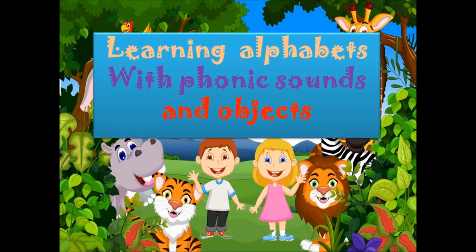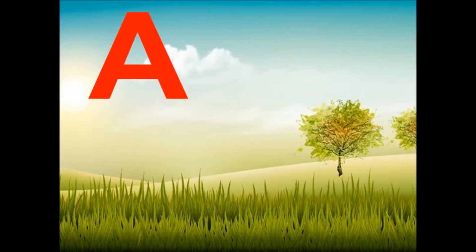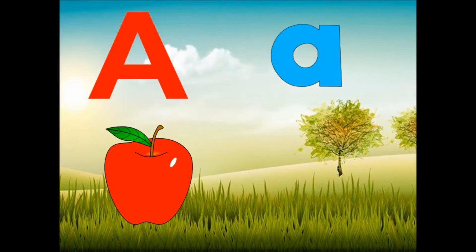Learning alphabets with phonic sounds and objects. This is the letter A. This is capital letter A. This is small letter A. A phonic sound is A. A for apple.